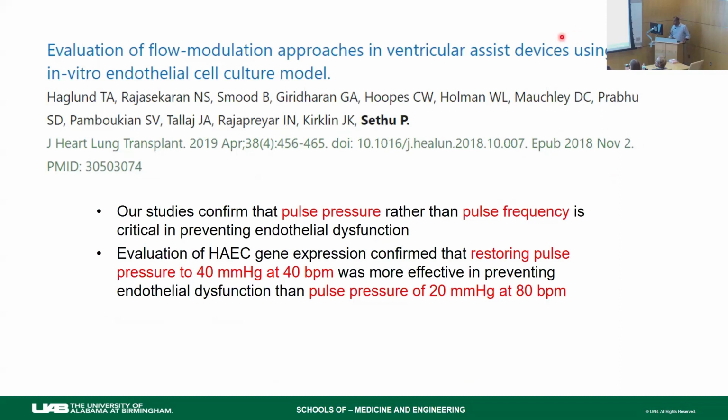So we published a paper again. I'm not going to go through the data, but what this suggested was the pulse pressure rather than pulse frequency is critical in preventing endothelial dysfunction. So the 40 millimeters of mercury at 40 beats per minute was much better than the 20 millimeters of mercury at 80 beats per minute. So it looks like pulse pressure is very important.